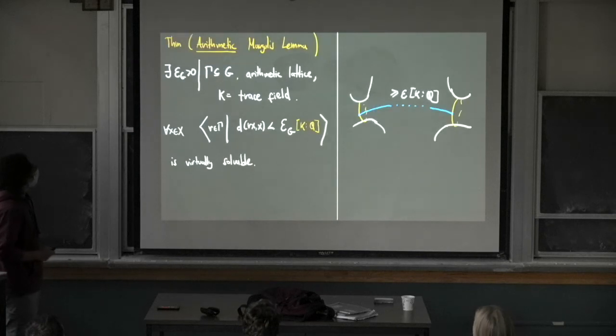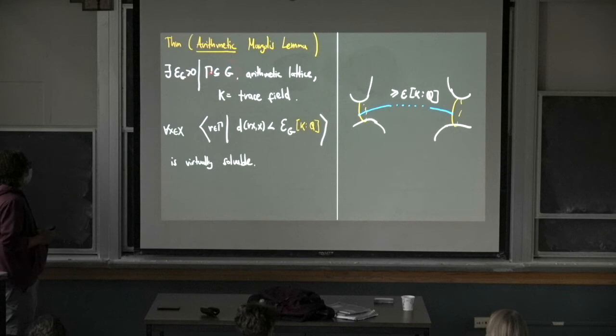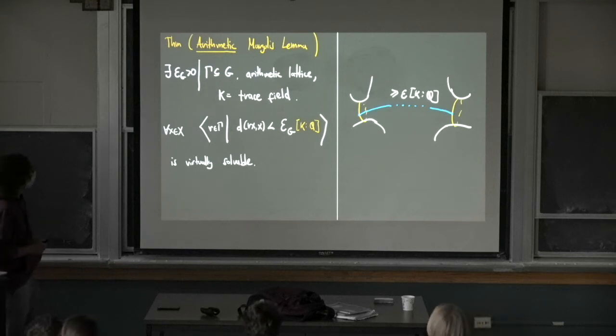This lemma is what we call the arithmetic Margulis lemma. So what changed here: gamma before was discrete, but now I'm going to assume it's an arithmetic lattice. And K is going to be the trace field, as in our examples, Q square root of 2, Q square root of 3.